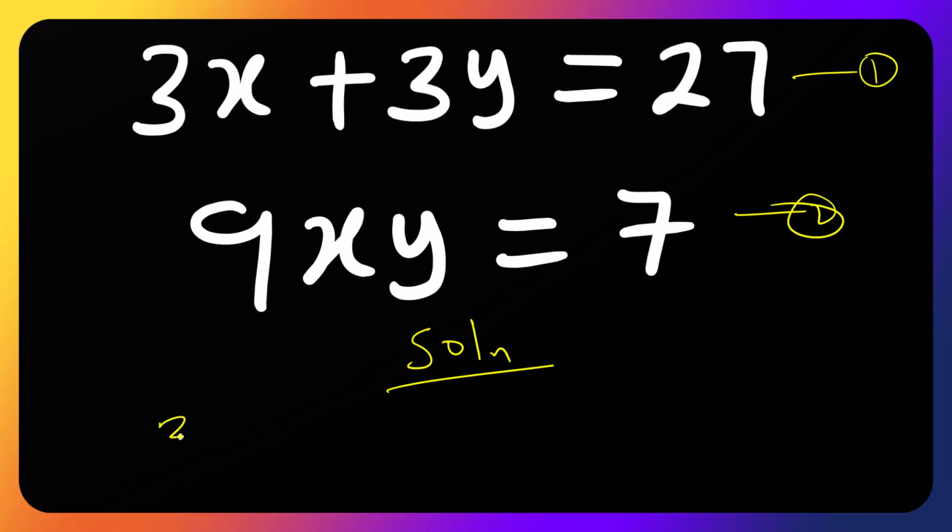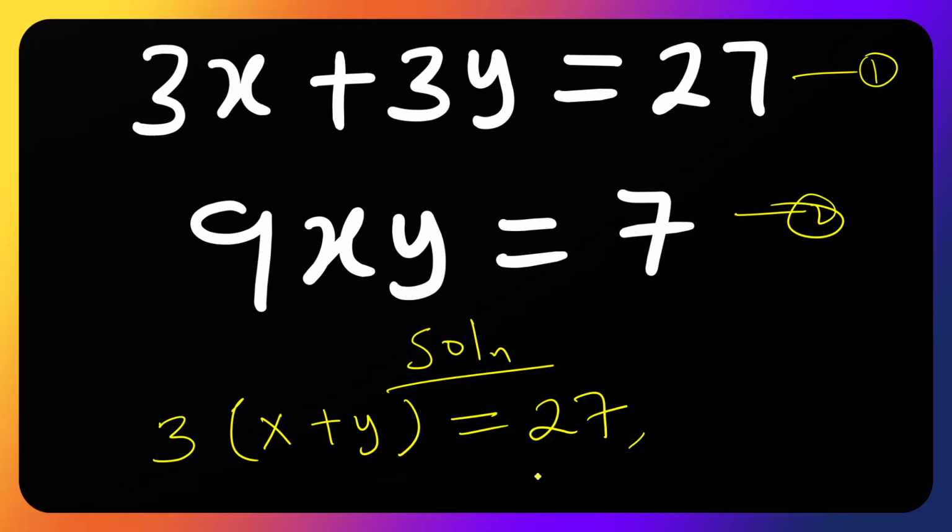So that will be 3 out, x plus y equals 27. By dividing 2 by 3, I will be left with x plus y equals 9.